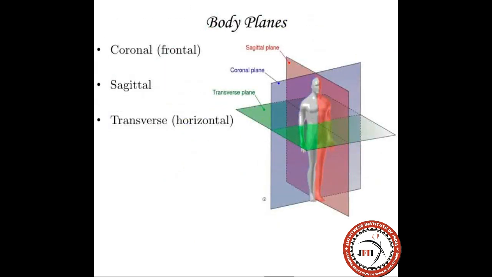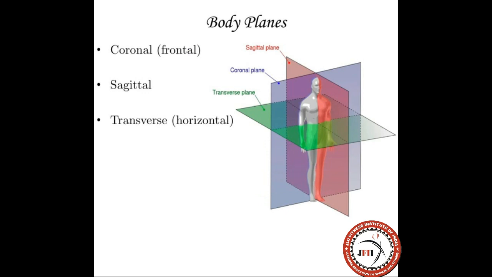Body planes, very important in terms of the study of the human body, taking views or nice pictures of the insides of organs and how tissues are related to each other. So if we took, let's say, the heart, oriented just like this in my body, and cut it like this so that you could see through the most anterior, or ventral, layers and inside the heart, that would be a coronal or frontal cut.